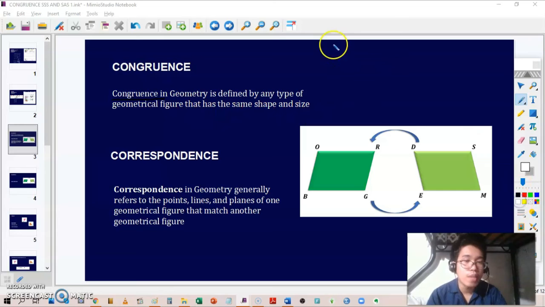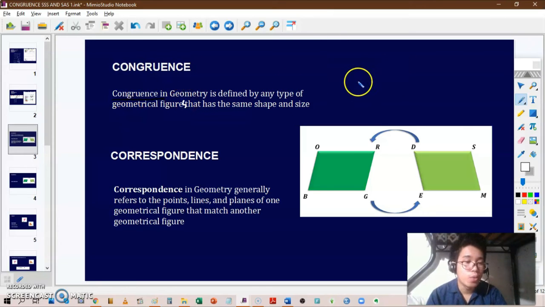So we need to compare two geometrical figures and see if they have the same shape and size. If we conclude that they do, we can say that both of those geometrical figures are congruent. For example, parallelogram BORG could be congruent to parallelogram MSDE.